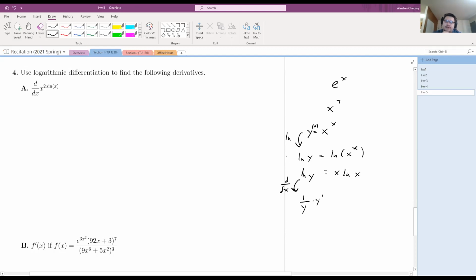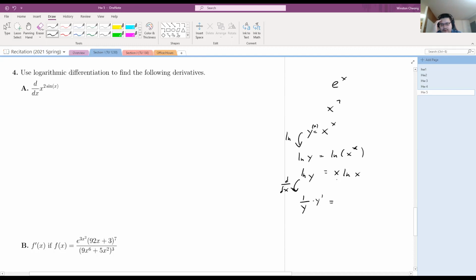If we take the derivative of some function called y with respect to x, it's not just going to be 1 over y, because the inner function, this y function, is slightly more complicated, and so you have a y prime attached as well.